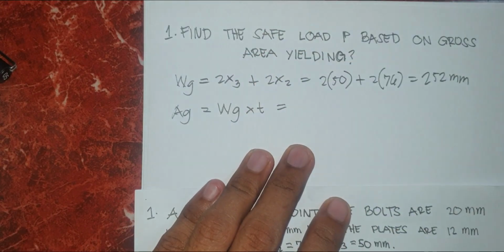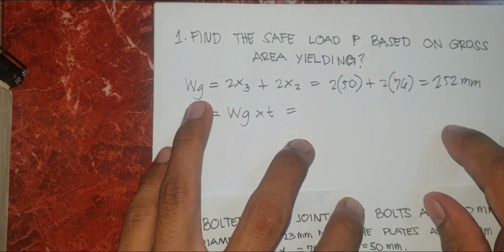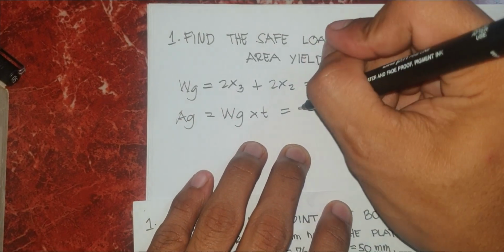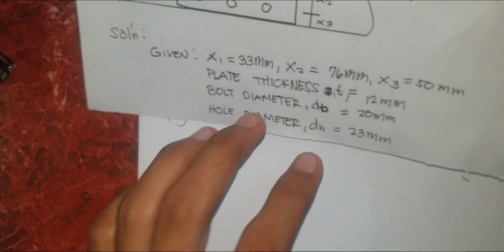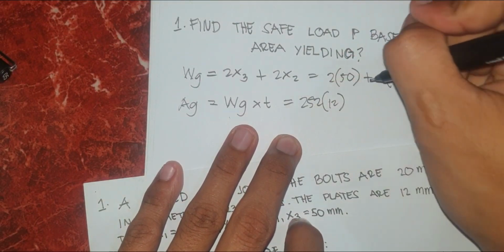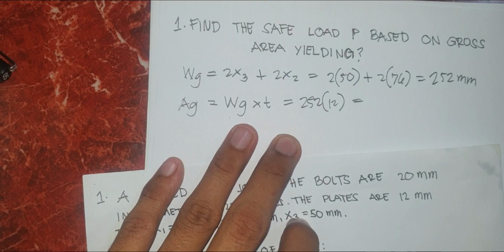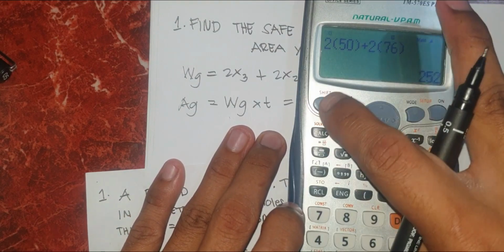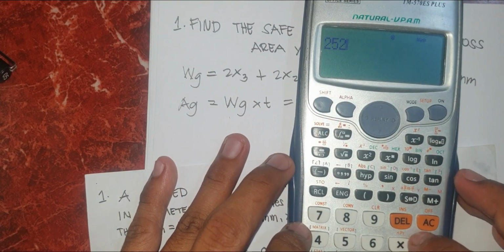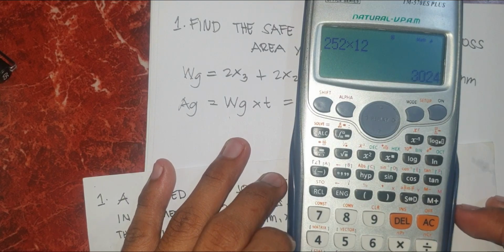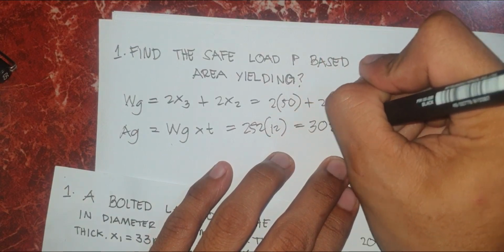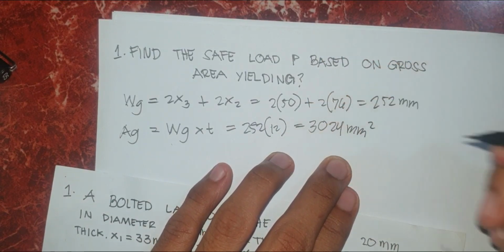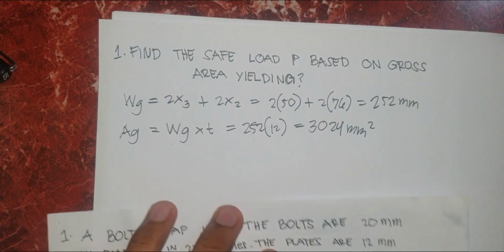The gross width is 252 times the thickness of 12 mm, so 252 times 12 equals 3024 mm squared.